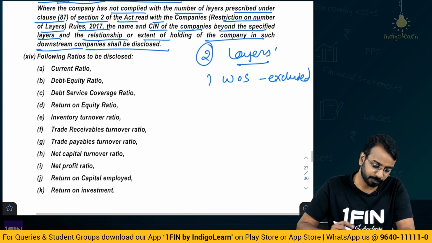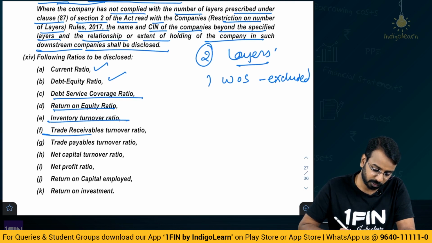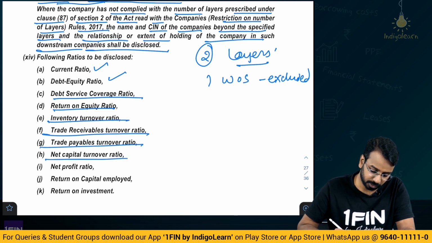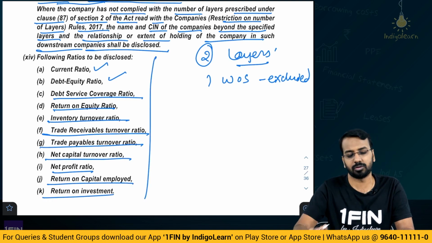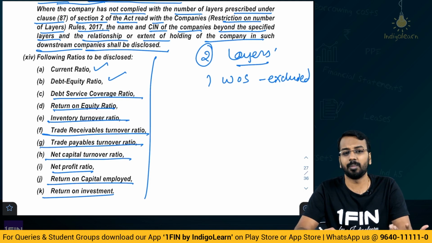Then there are some ratios to be disclosed: current ratio, debt equity, debt service coverage, return on equity, inventory turnover, trade receivable turnover, trade payable turnover, net capital turnover, net profit, return on capital employed, return on investment. All of these that you learn as a part of financial management have to be disclosed. The Companies Act has not defined the method of calculating, so you can use the generally accepted ratios and do the calculation.